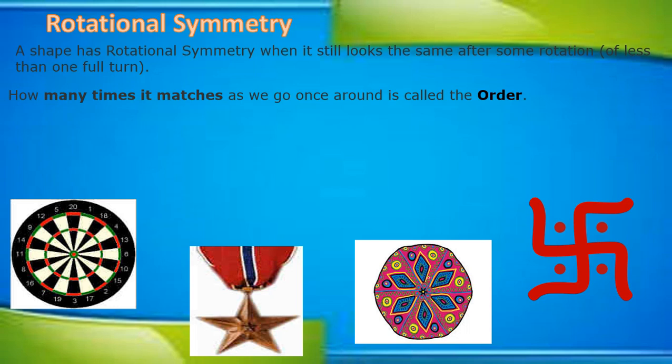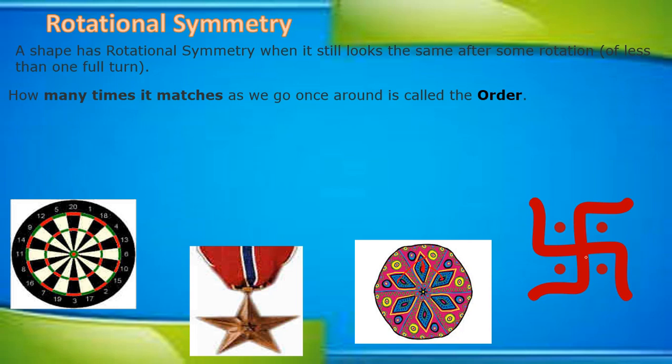When this figure is rotated by a 60 degree angle, it will look exactly the same. That means when it rotates by 60 degrees, this shape goes here and this comes up, but the design will be the same as it was previously.